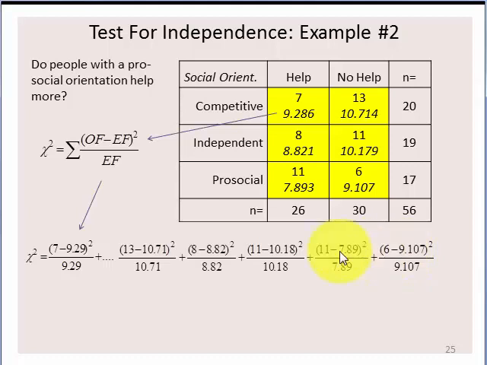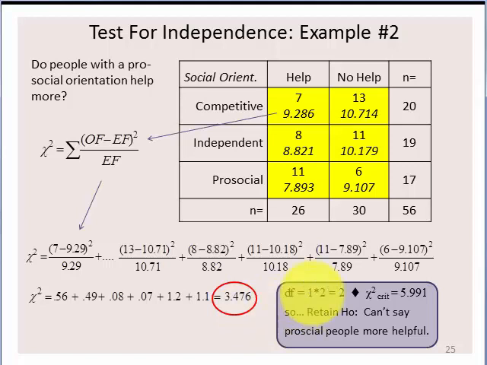Okay, so you should have gotten these formulas here. You want to hit pause for a second and check those. That's fine. Okay, so those would resolve as follows, and it gives you a chi-squared of 3.476. So what can we do with that?